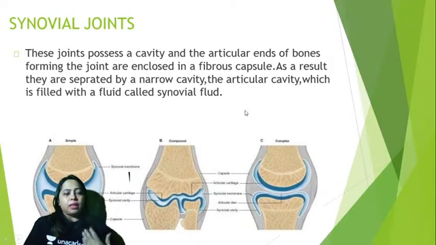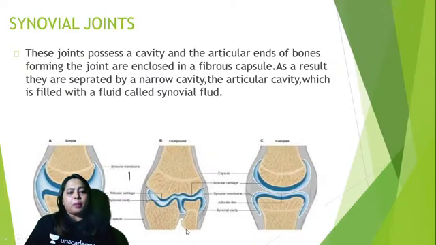Now here again it depends on whether it is a simple, a compound, or a complex type of joint. All the simple joints will not have any partition between them. You can see that there is a joint cavity and two bones, and the articular cartilage, which is hyaline cartilage, and then there is movement within the joint.